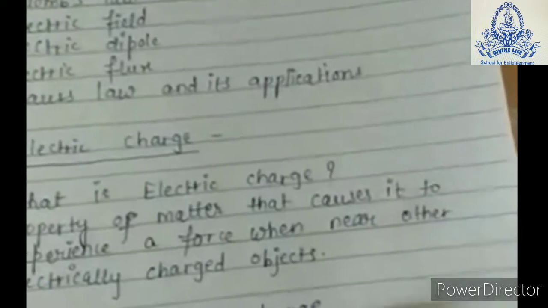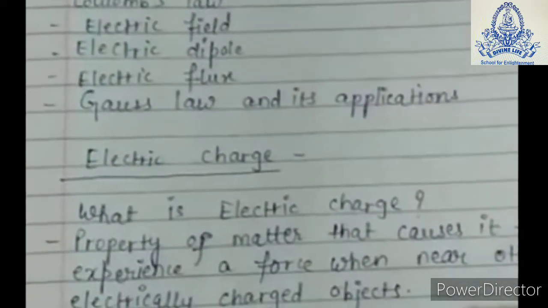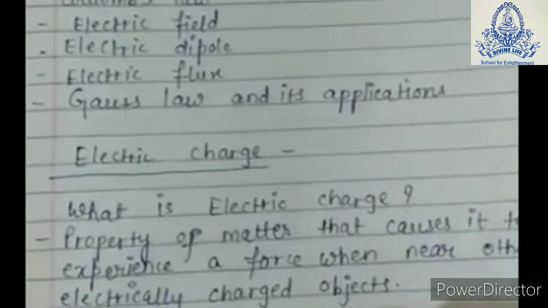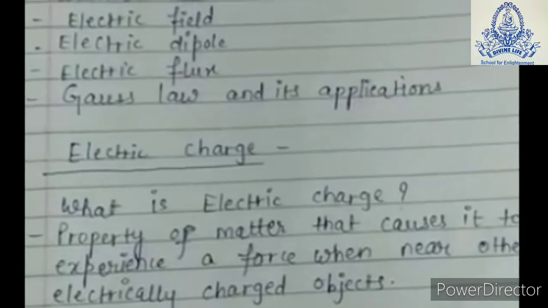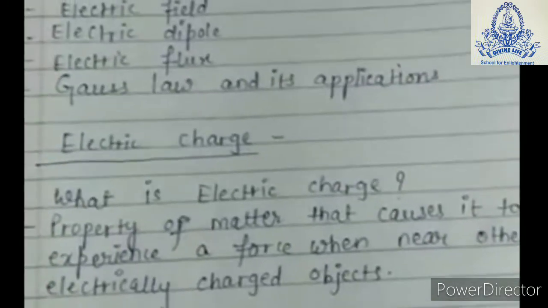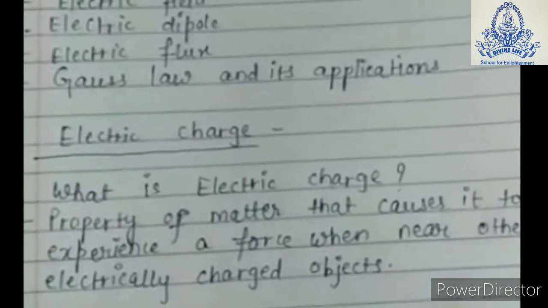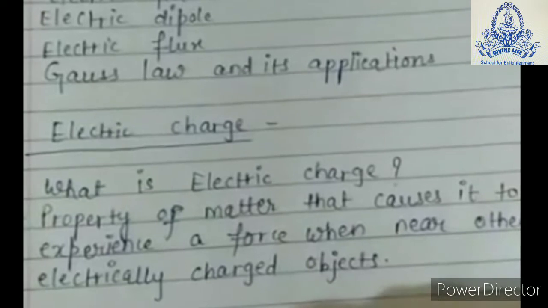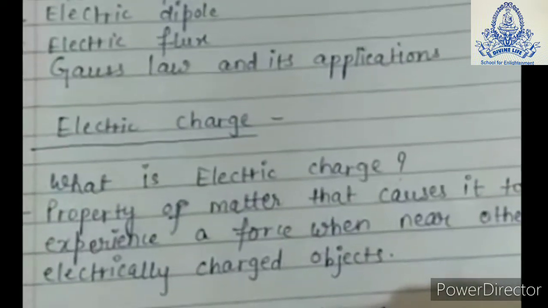First of all, we will start our session with these examples, so that once I define electric charge and tell you how an object gets charged, you can very easily relate it with these examples, right? So let us quickly have a look at these examples.